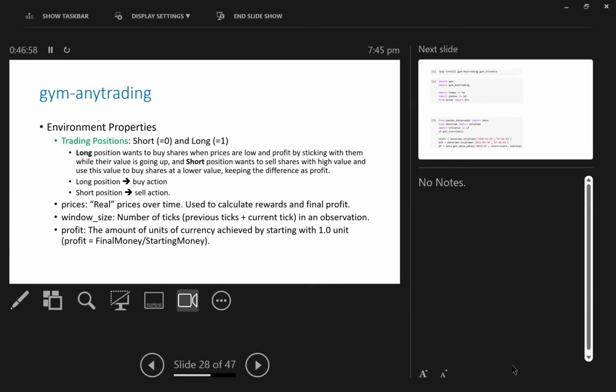Then you have the first 10 days of stock prices for one particular training, and then shift it to the next chunk, day 2 to day 11. This is another chunk of 10 days for the training, and then day 3 to day 12, another chunk, and so on and so forth. So this is called window size.